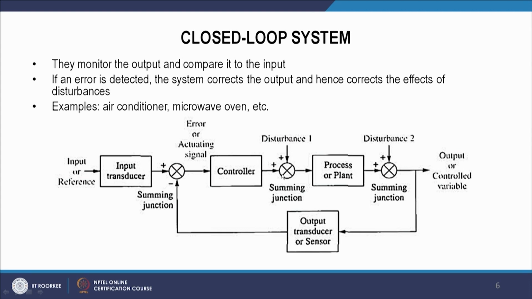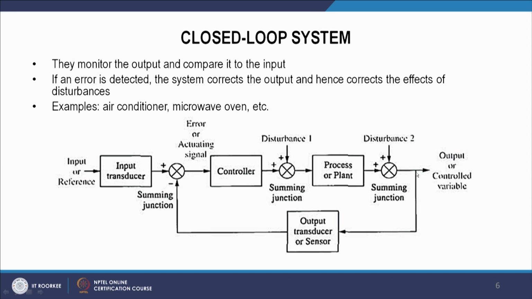Then the controller gives a certain output to actuate the process or plant, and disturbance 1 enters the summing junction, corrupting the input to the process or plant. Then there is the output, and disturbance 2 enters this junction and corrupts the output.